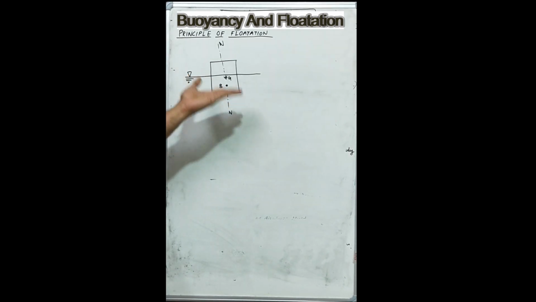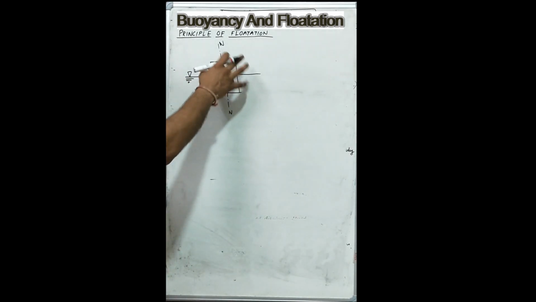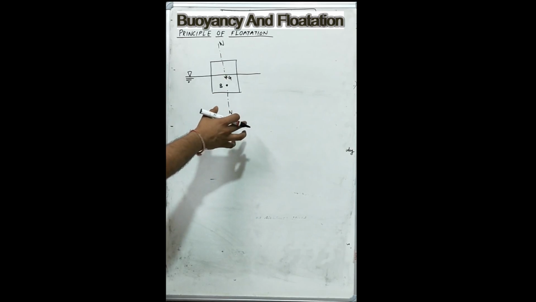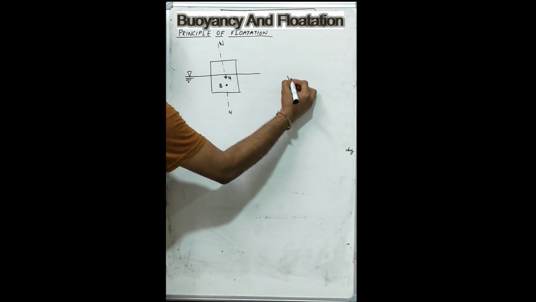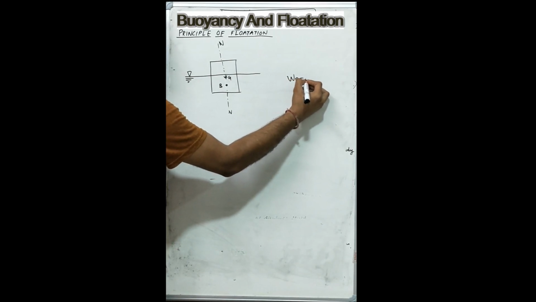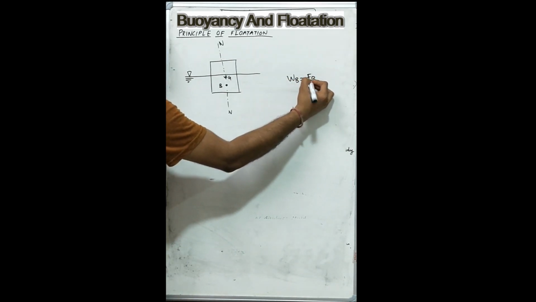Now let us take what the principle of flotation is. The principle of flotation says that when a body is floating under the equilibrium condition, the weight of the body must be equal to the buoyancy force.